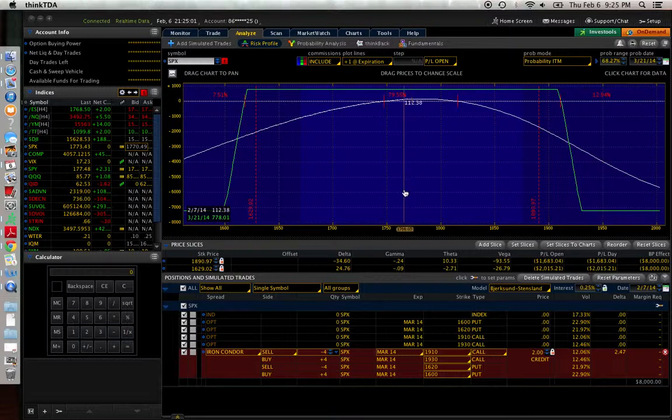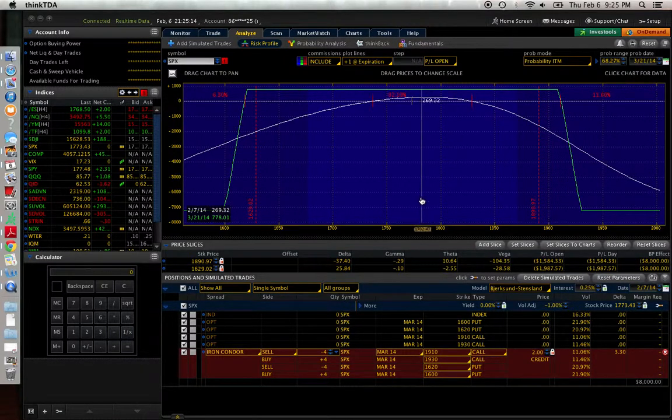And you know, the reason I stress volatility is you can see here, volatility goes down. Let's say it goes down another 1%. Your profit goes up. You see that? So that's why you want to buy when there's high volatility and sell when volatility goes back down.